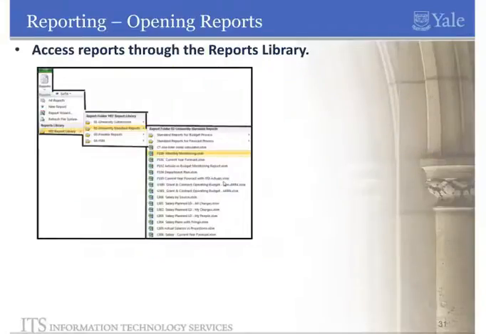To open a report, click the Reports icon in the upper left corner of the toolbar. Choose YBT Report Library, and choose from the available folders. Please note, the list of folders you will see may be different from the ones displayed here.